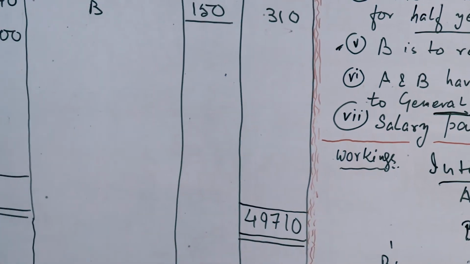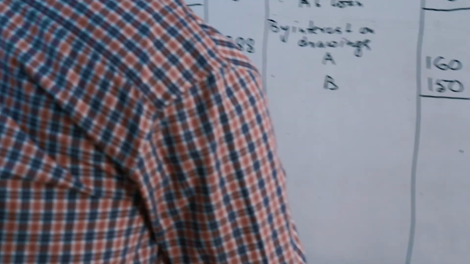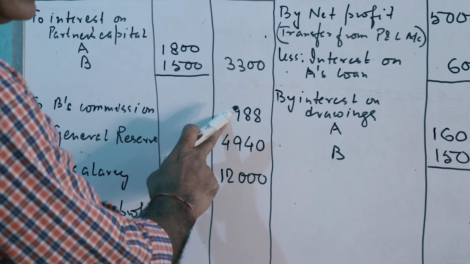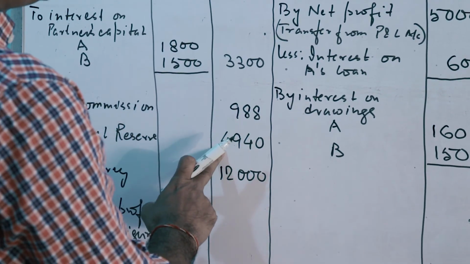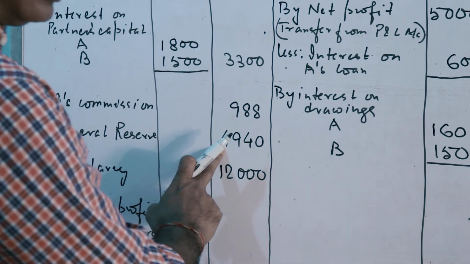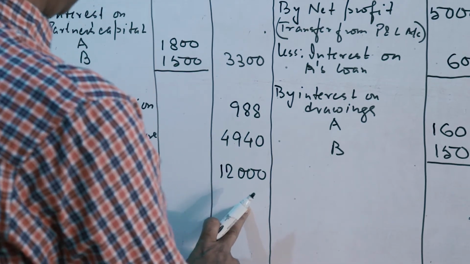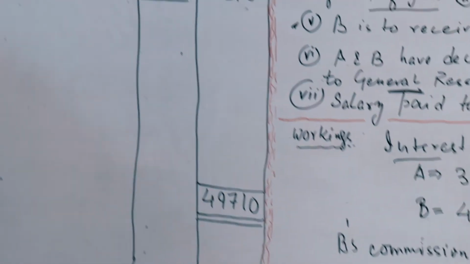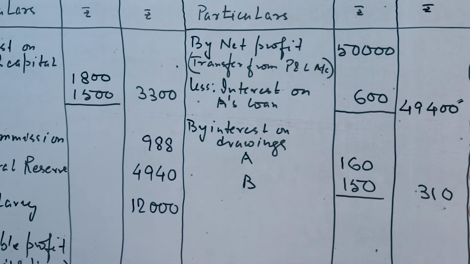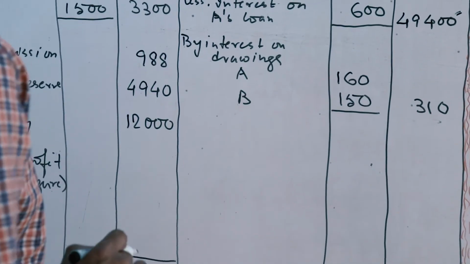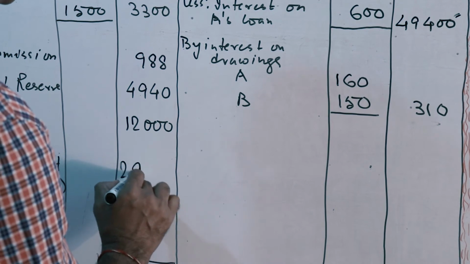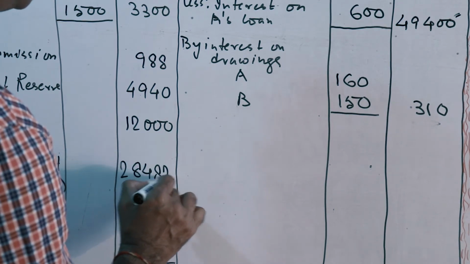So 49710 minus this 3300, 988, 4940 and 12,000. After deducting all these items from the total, how much we'll get? We'll get 28482.